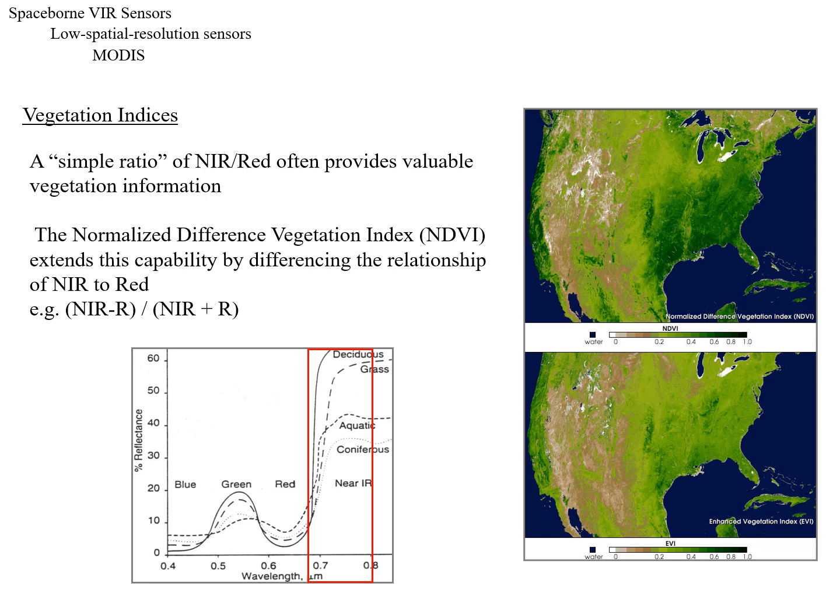We know that either a simple ratio of NIR to red provides valuable vegetation index information, and the NDVI provides a level of improvement above that.